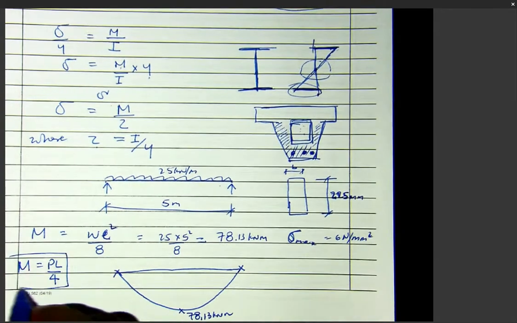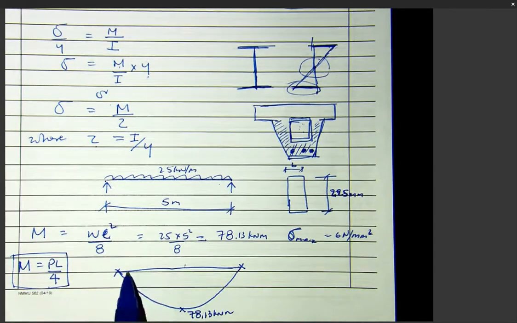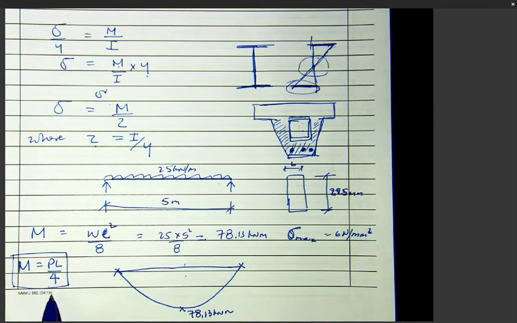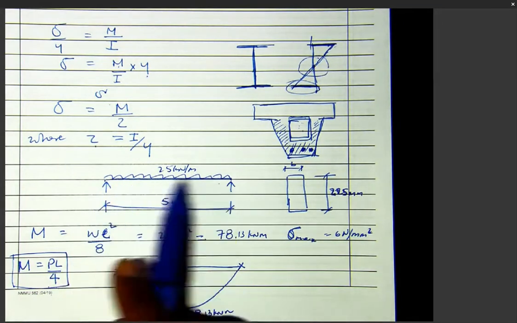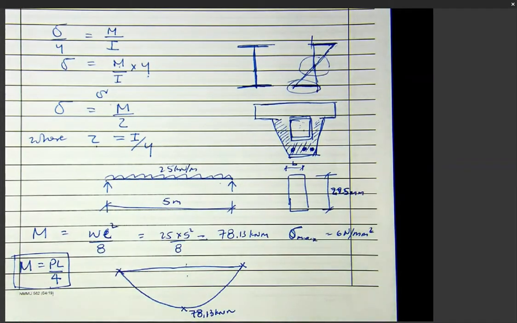Maximum positive moment for a point load acting at the center of the beam, if it's simply supported, is PL over 4. If it's a uniformly distributed load spanning over the entire span, WL squared over 8.